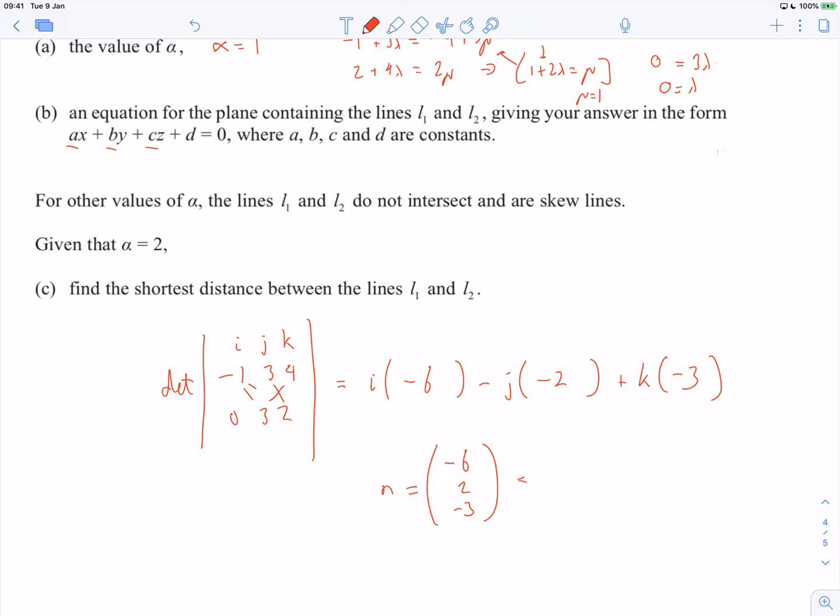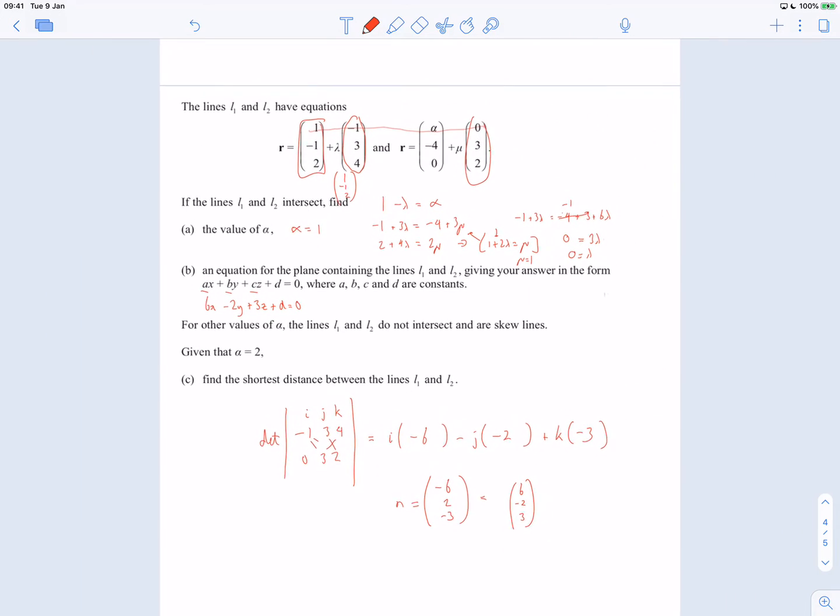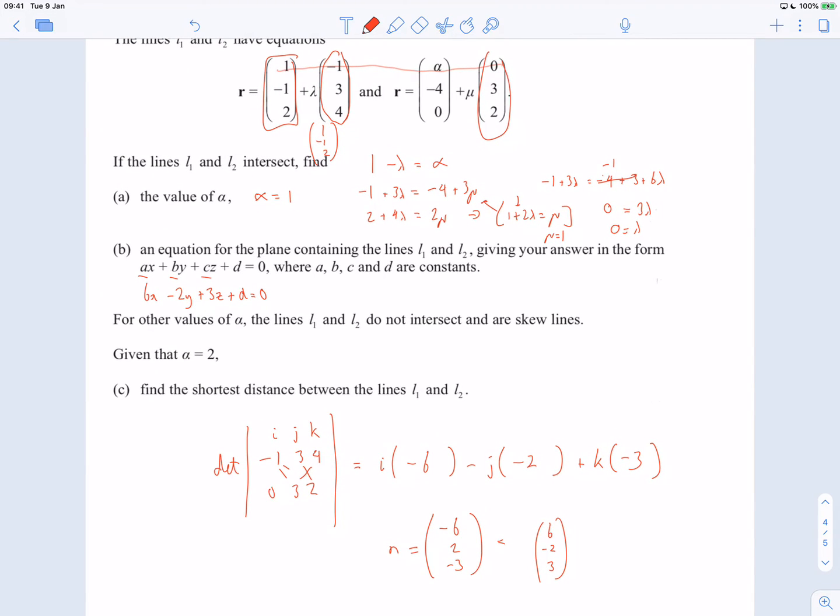In actual fact, I could make 2 of them positive by making it 6, minus 2, positive 3. And the reason I'll do that is because now this is the same as 6x minus 2y plus 3z plus some d equals 0. And I know a point that's on the plane because I know a point that's on both of the lines, and that is just 1, minus 1, 2.